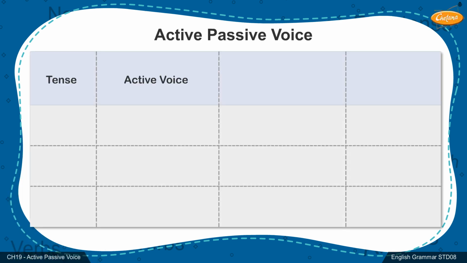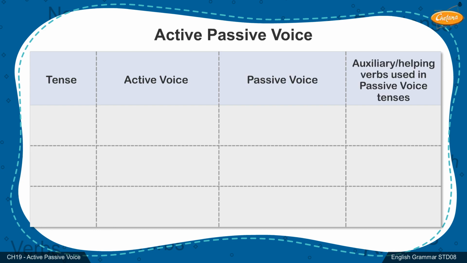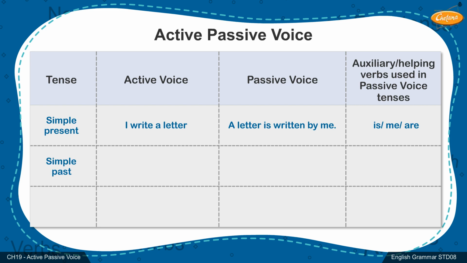Tenses, active voice, passive voice, and the auxiliary or helping verbs used in passive voice tenses. Simple present: I write a letter. A letter is written by me: is, am or are. Simple past: I wrote a letter. A letter was written by me: was or were.